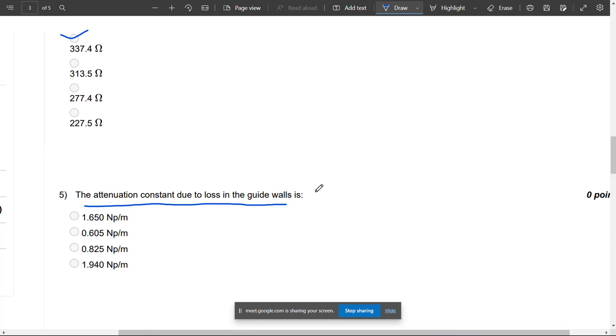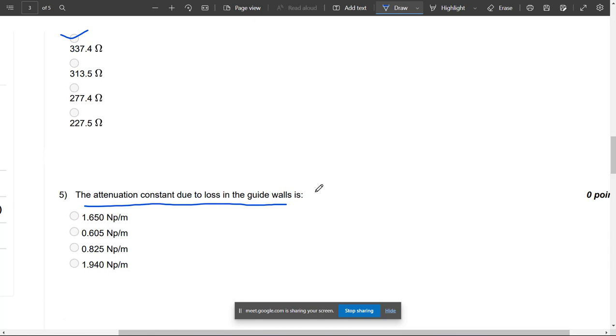Attenuation constant basically means there is a constant value which will give us information about how the wave which is propagating is attenuating.